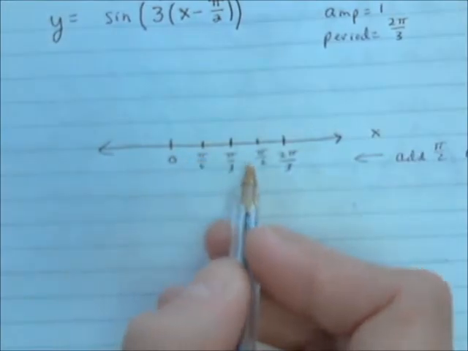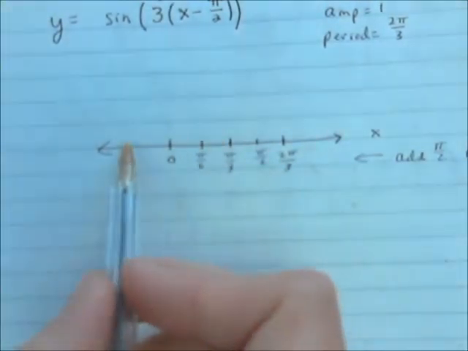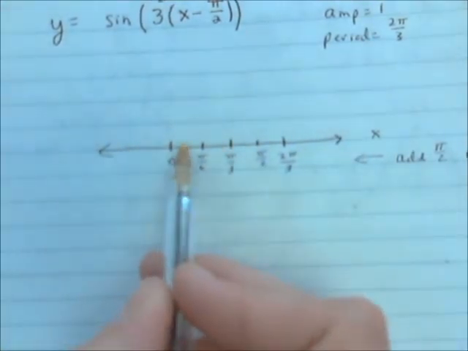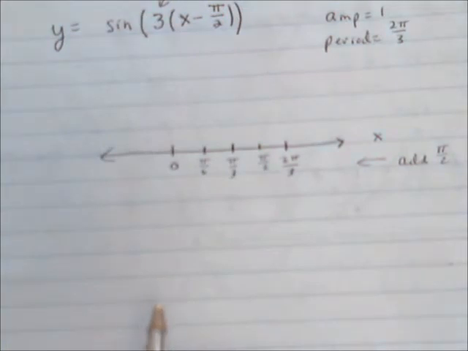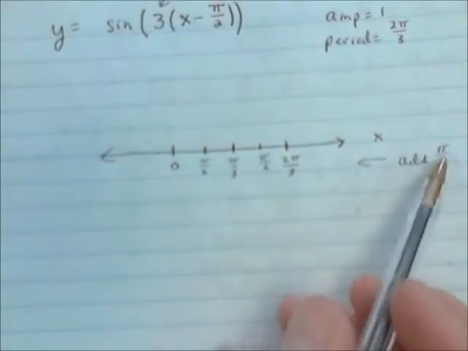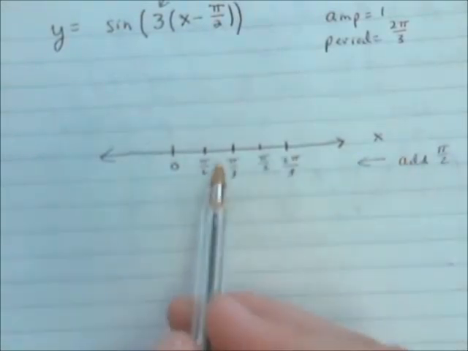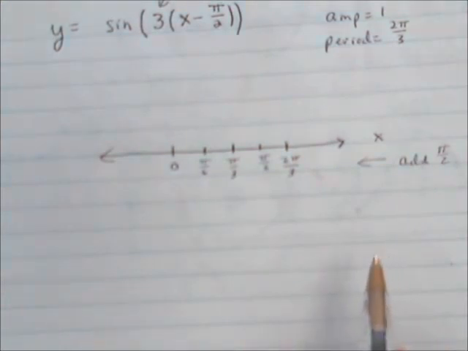And then we'll get our new x values, and then we can figure out where the y-axis goes. We already know that this is the x-axis here, but our y-axis is going to be somewhere over here. So you might want to shut off the video and see if when you add pi over 2 to each one of these x values, you get the same values that I do. So you can shut this off temporarily and then turn it back on.